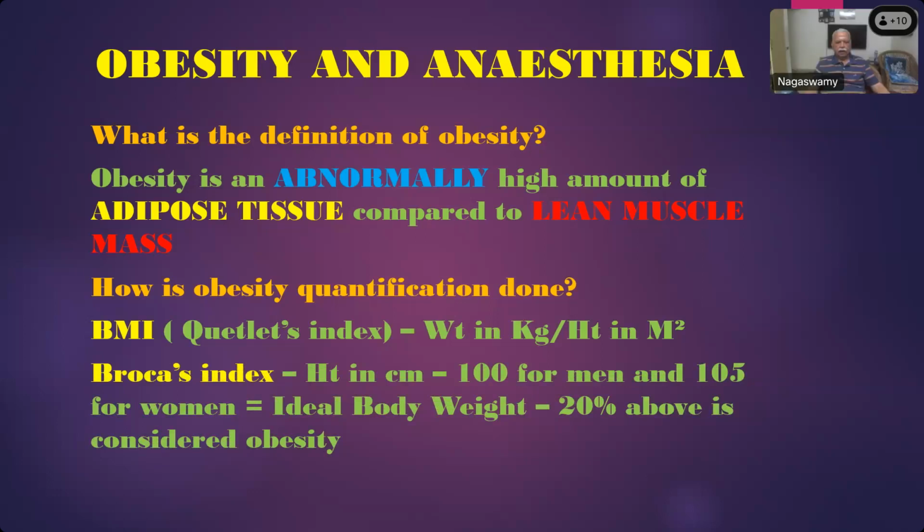This will be the ideal weight of a person. But 20% above this ideal weight is also considered as obesity. So all of you can easily calculate whether your body weight is according to Broca's index or not by measuring your height.